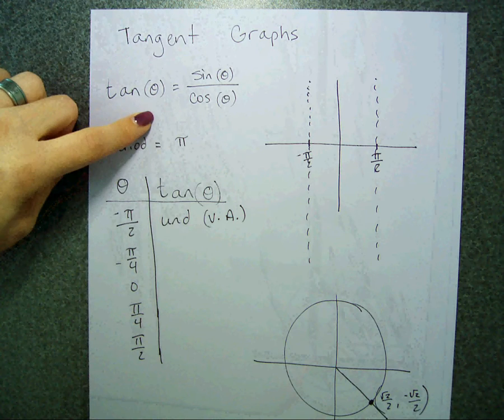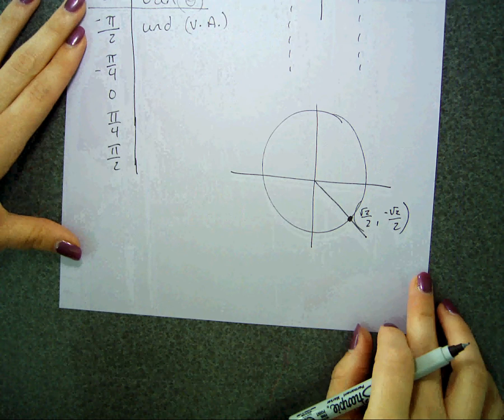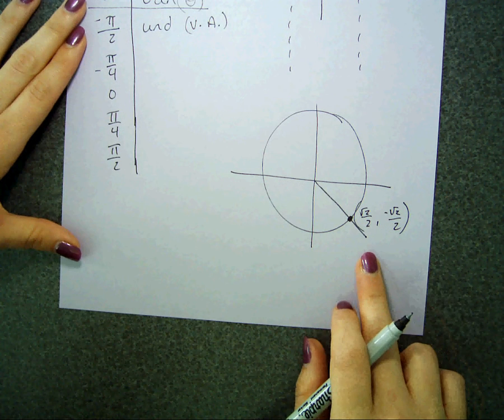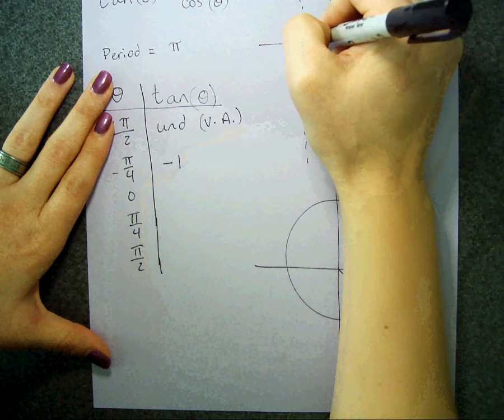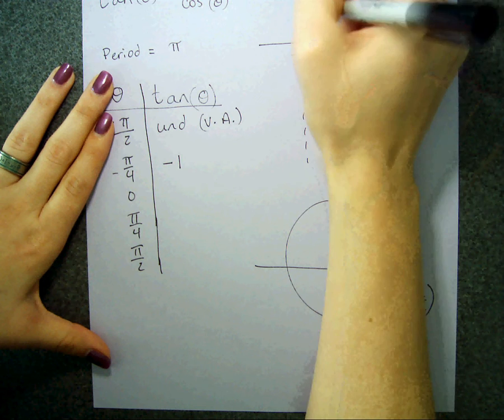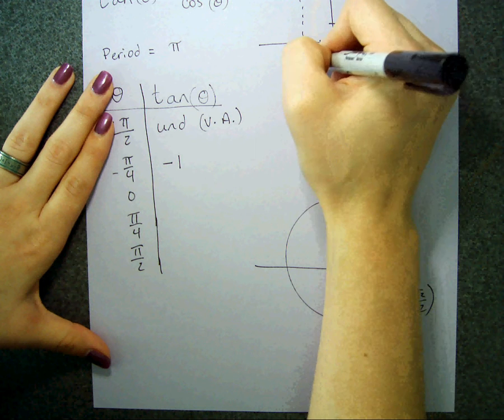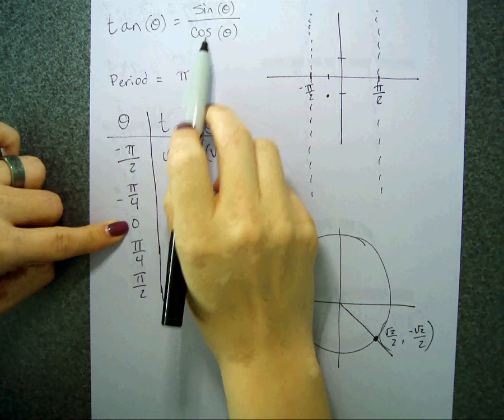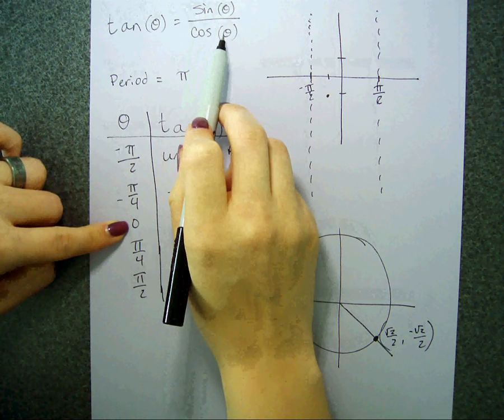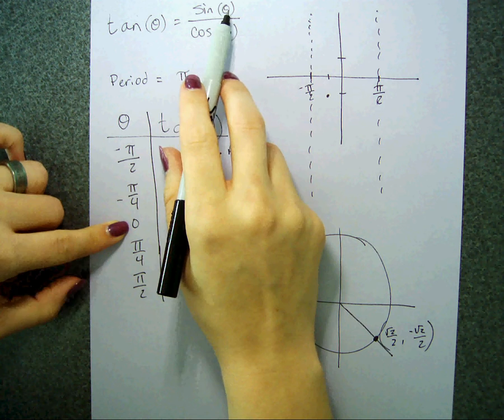Negative square root of 2 over 2 divided by the square root of 2 over 2 just gives me negative 1. So at negative pi over 4, I'm at negative 1. At 0, cosine of 0 is 1. Sine of 0 is 0. So 0 over 1 gets me 0. So I do go straight through the origin.